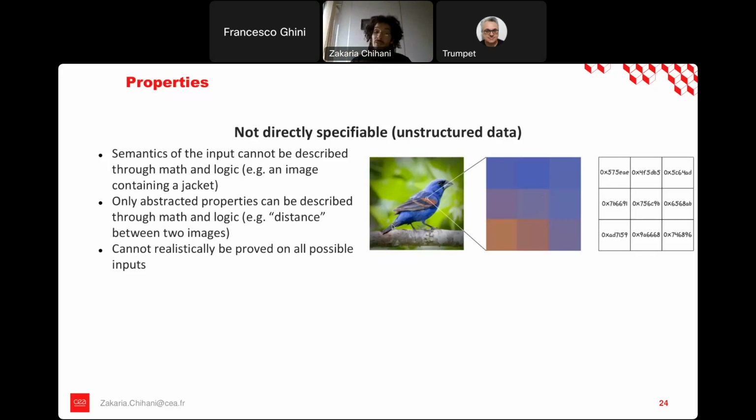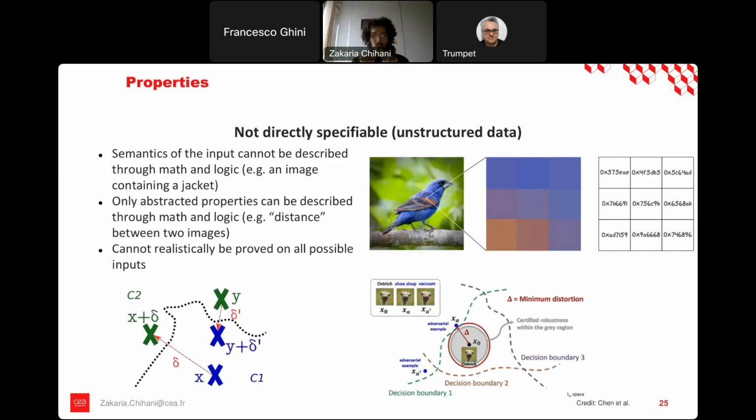But still, you can do some verification on this, particularly when you talk about the connections between, or the distance between two inputs. So for example, if you have an input, how far do you have to go from that input to change the classification, for example? And this is usually used in the testing of robustness to adversarial examples, for example.